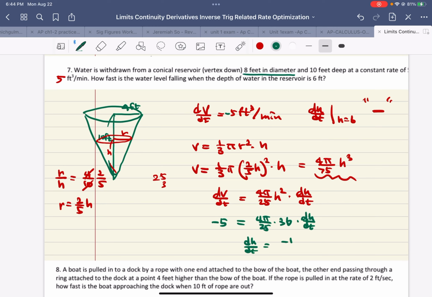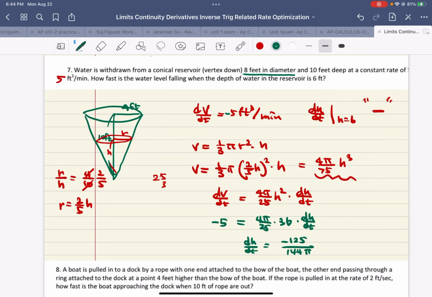So negative 125 over, what is it, 36 times 4? So you get 144 pi.